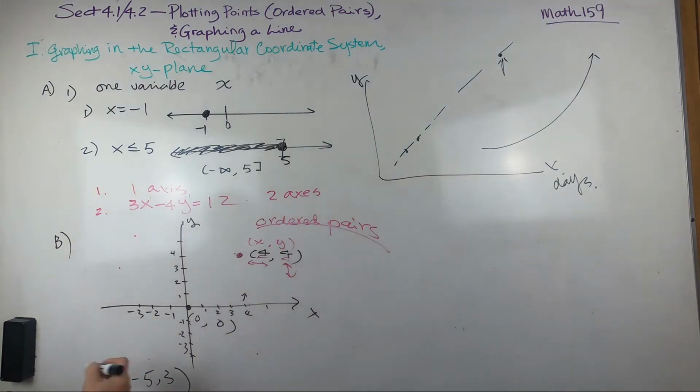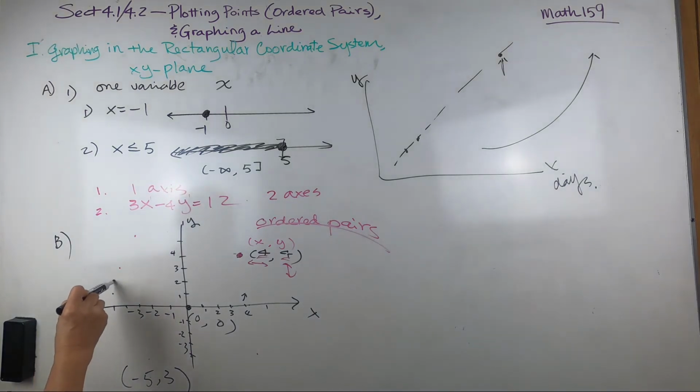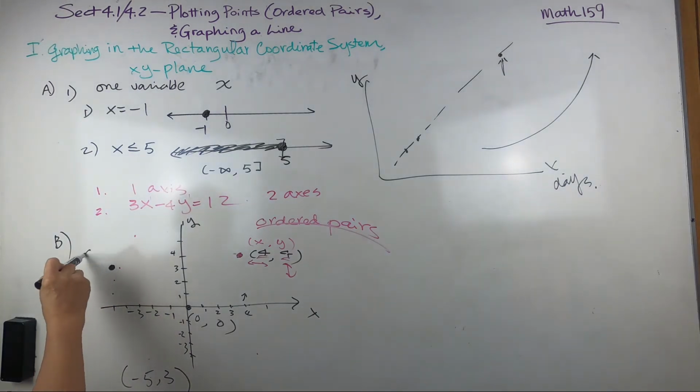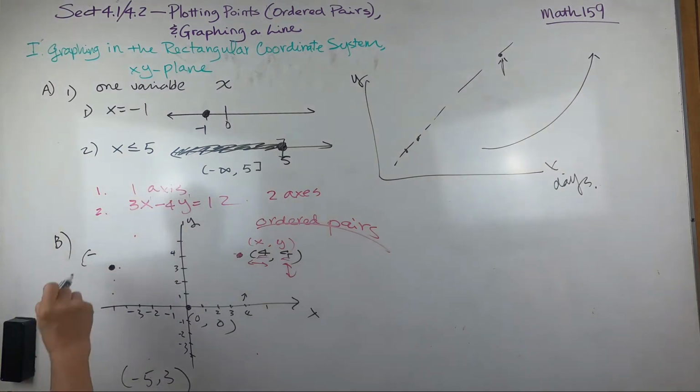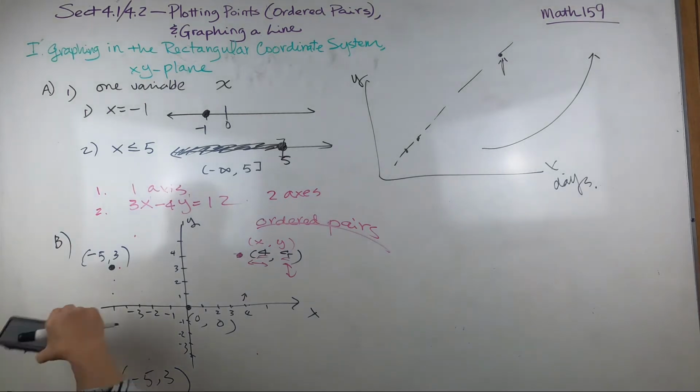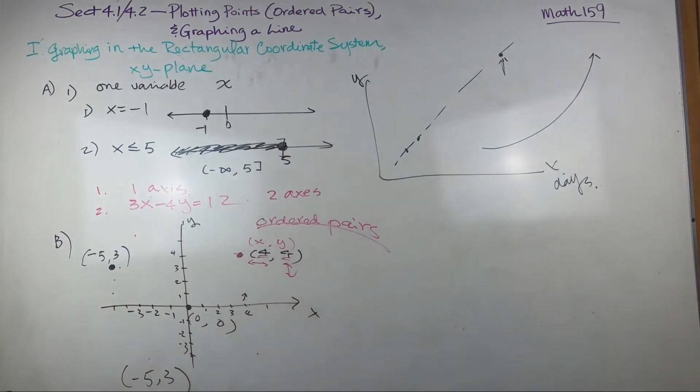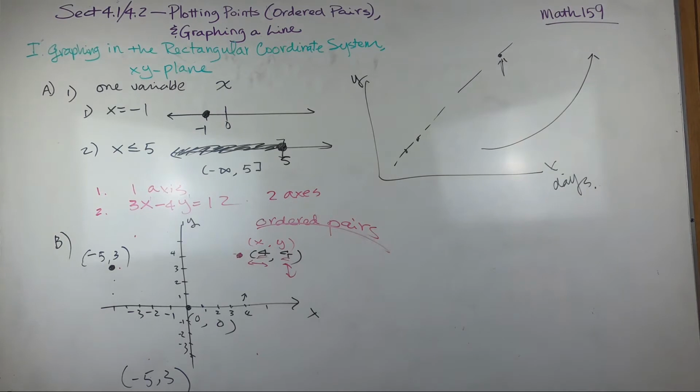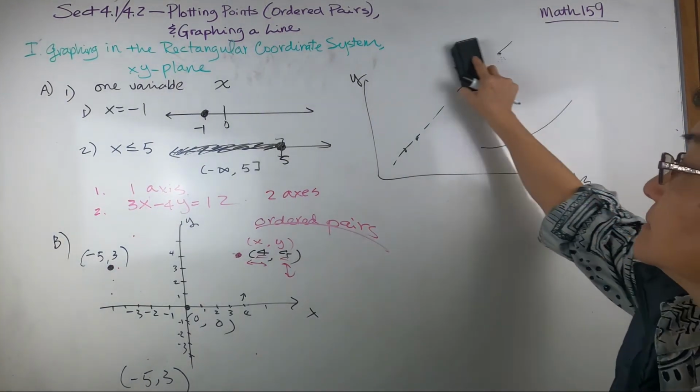What do you think? Then you go left 5 places, then you go up 3. So that will be your -5 and 3, right? That's the position. That's how we handle the rectangular coordinate system or XY plane.